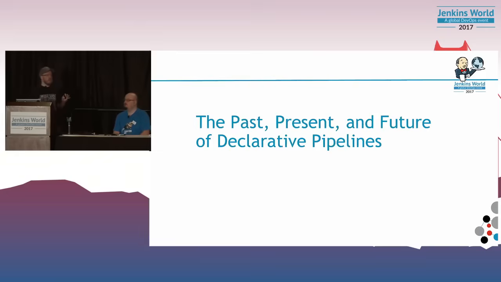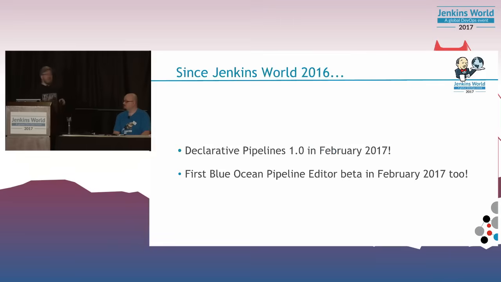So first, I'm going to talk for a little bit about the past, present, and future of declarative pipelines before Bobby shows off some of the new functionality that's coming soon. So a year ago, we announced declarative pipelines. We hit 1.0 in February of 2017, and the first Blue Ocean pipeline editor beta came out around the same time.